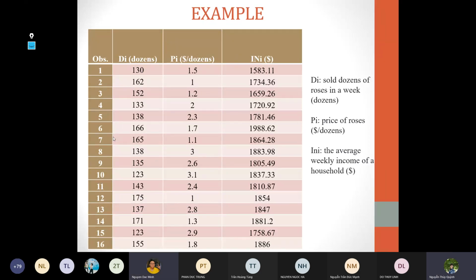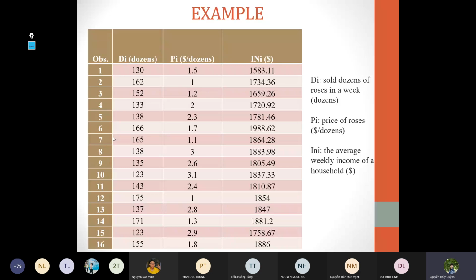Based on microeconomics theories about the demand curve, we can use the DI variable as the dependent variable and PI and INI as the independent variables of this model. Now, can you use this sample data to estimate?